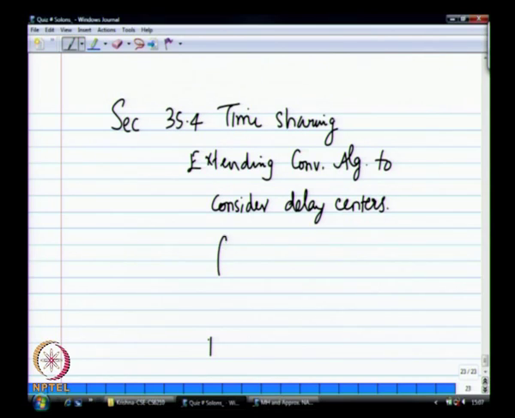I will just say read. The only thing is the delay center is considered as another device, with y naught as the parameter, the demand for that. So you simply scale z by the same factor alpha, and that becomes your y naught. Then everything else is the same.